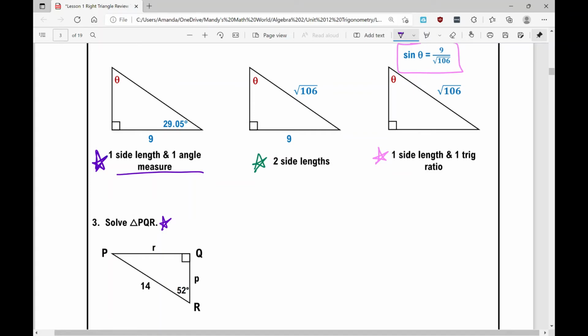So what can we do? First, I know that this is a right triangle, which means this angle right here is 90 degrees. This angle right here is 52 degrees. And I know that the angles in a triangle add up to 180 degrees. So I'm going to write that down. The angles in a triangle add up to 180 degrees.